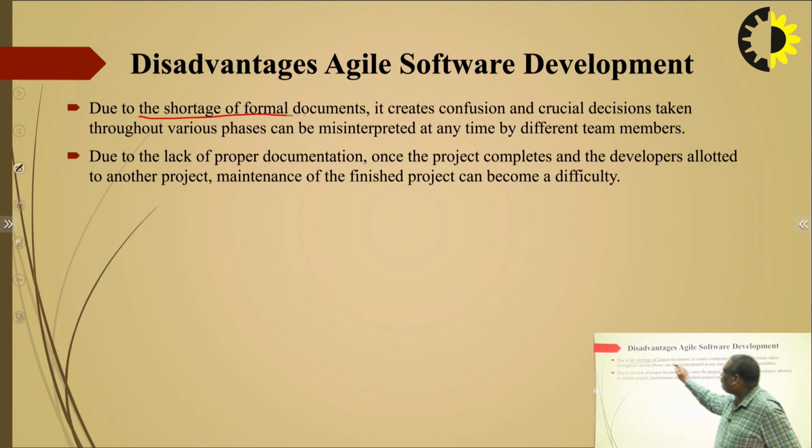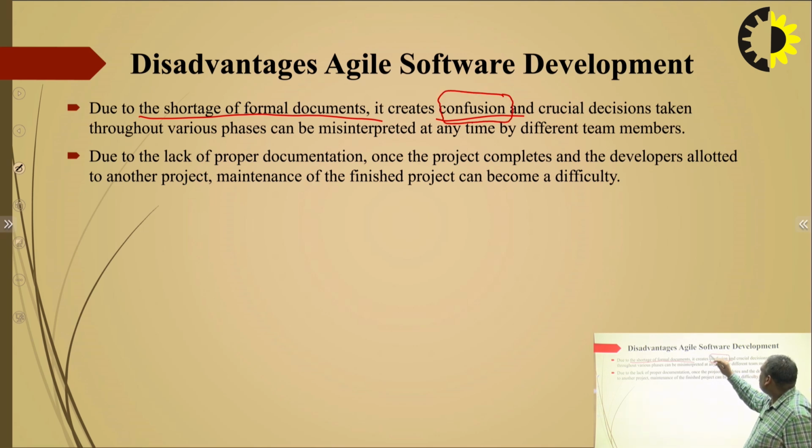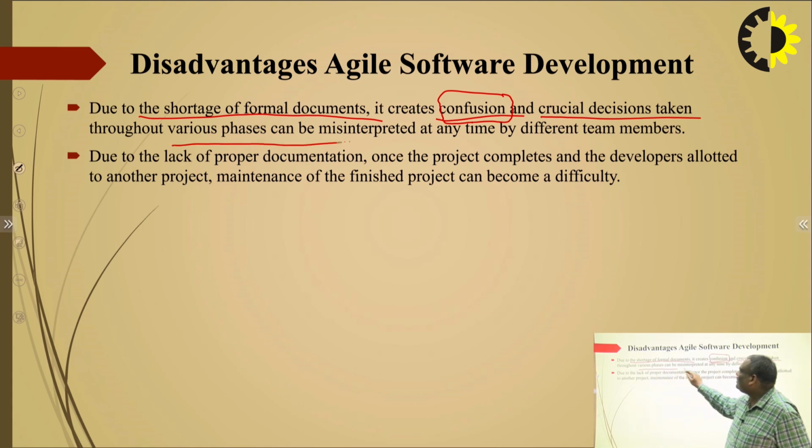Due to the shortage of formal documentation, it creates confusion, because we cannot write it down. Documentation is not considered in Agile, so maybe there is confusion. Crucial decisions taken throughout various phases can be misinterpreted. So maybe this confusion creates a problem here.